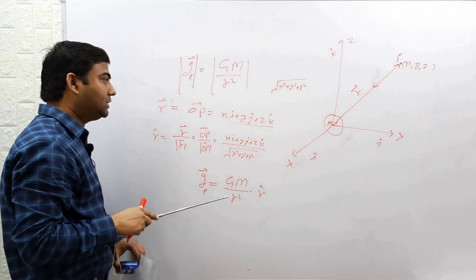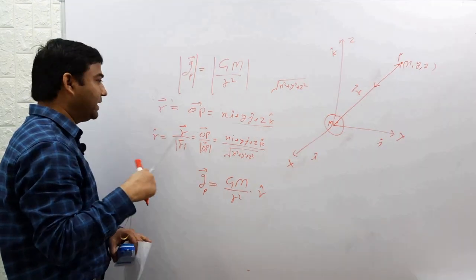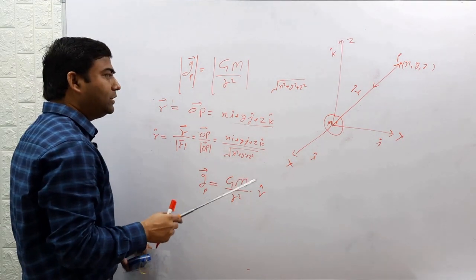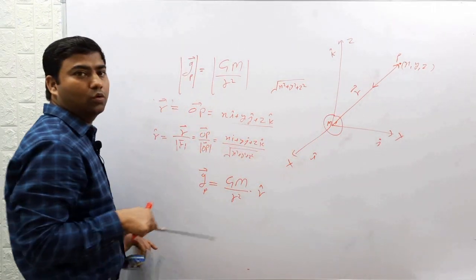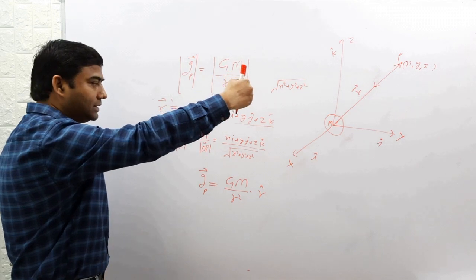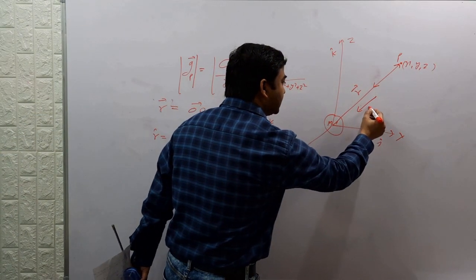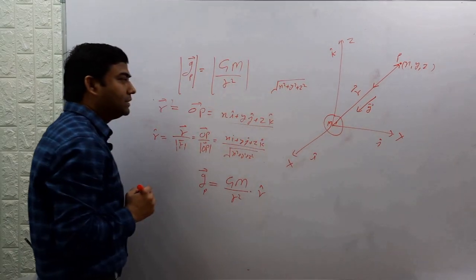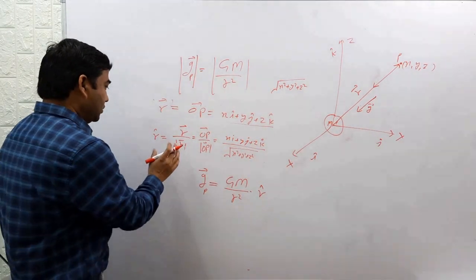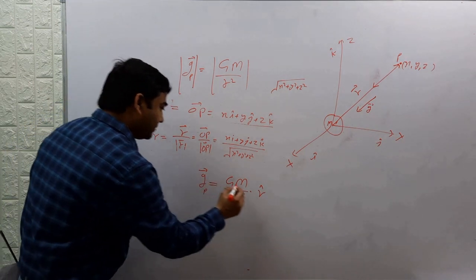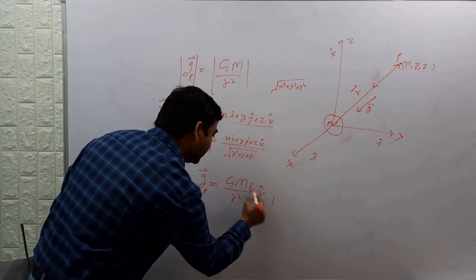Sorry, this unit vector is from O to P, but we want the vector from P to O, because the direction of G is towards the center of mass. So we will write it as minus r.